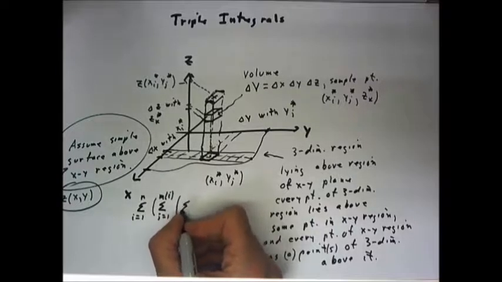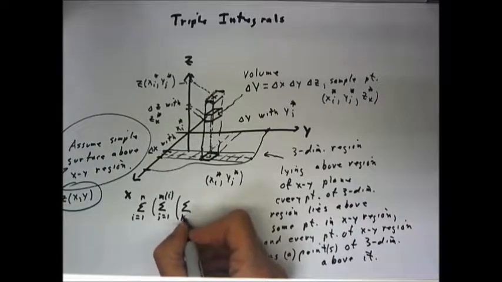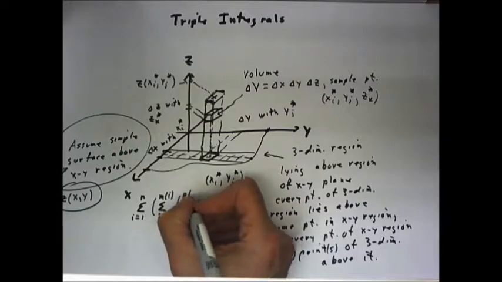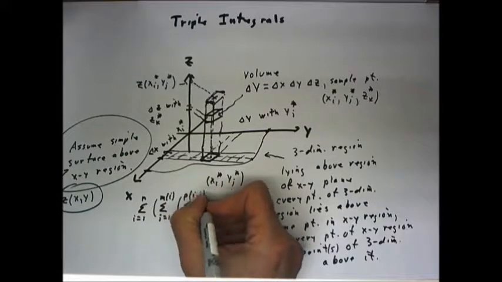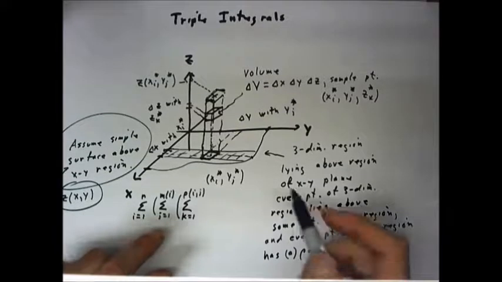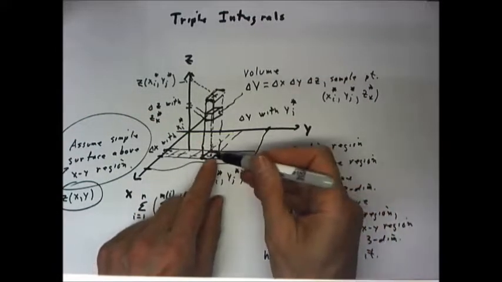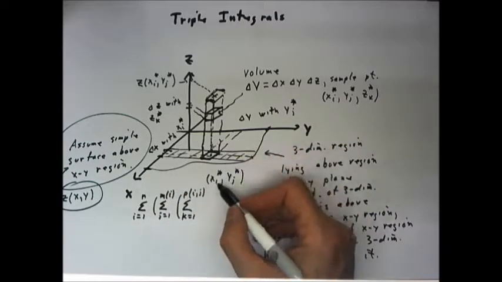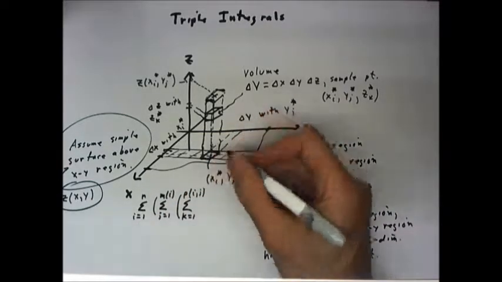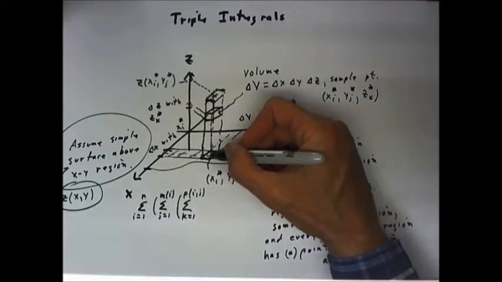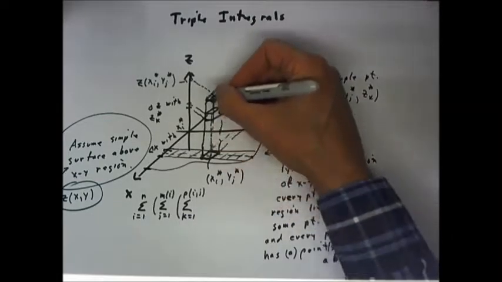We'll write that as a sum from k equals 1 to, let's call it p of ij, where how far we go here depends on the sample point here, which is xi star, yj star in the xy plane. So this position determines how far up we can go.